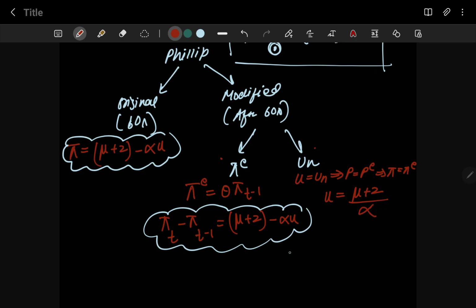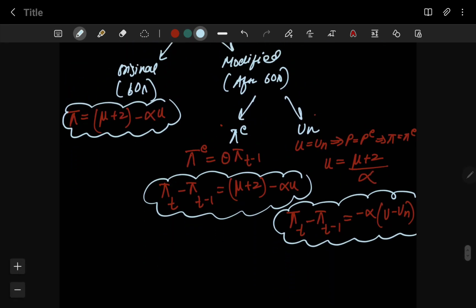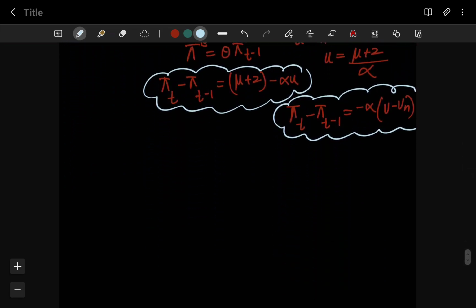So inflation pi t minus pi t minus 1 is equal to minus alpha times u minus u_n. I have explained the derivation earlier, so you can move back if you do not remember that. So yes, here we have the three very important formulas from Phillips curve, and you are basically required to remember these. Okay, so thank you.